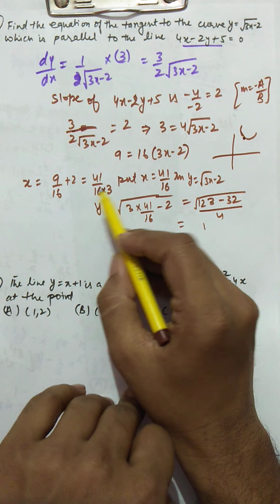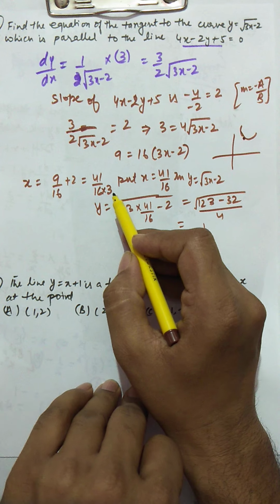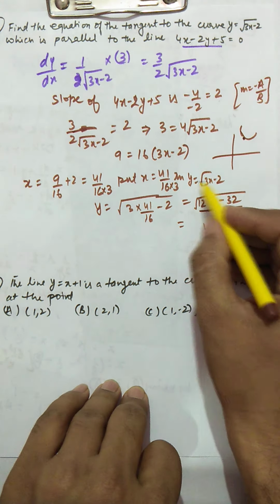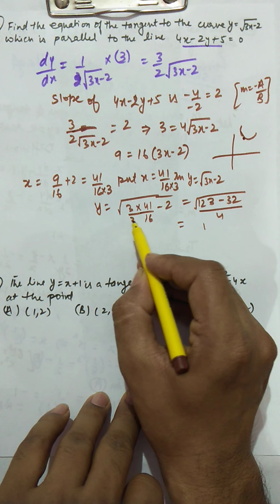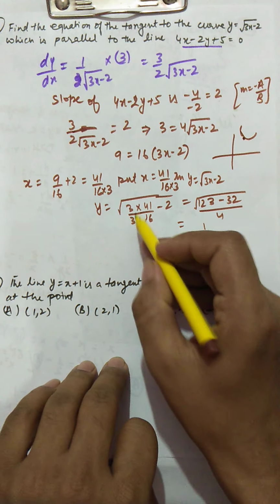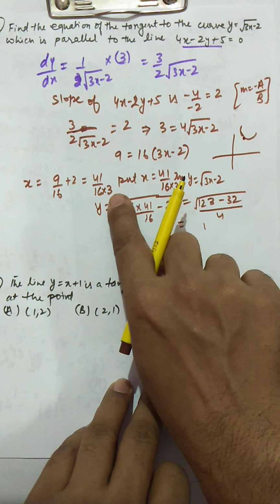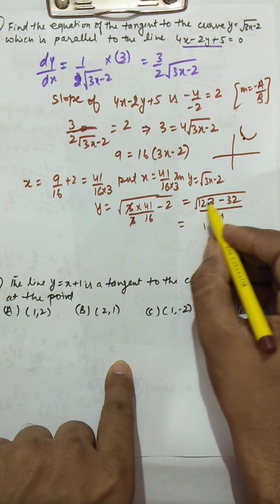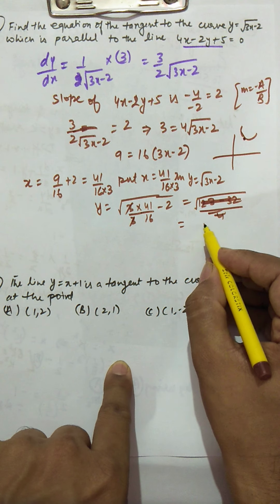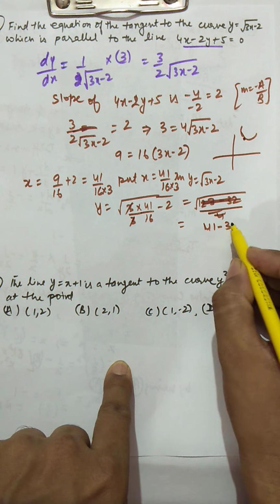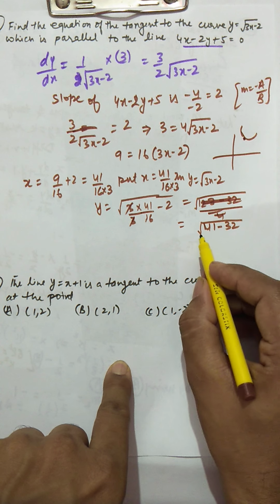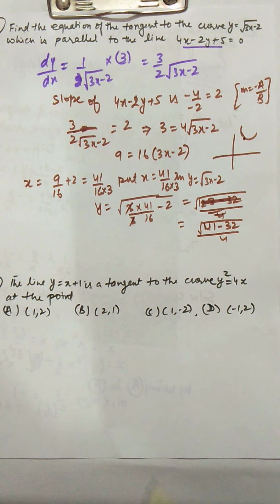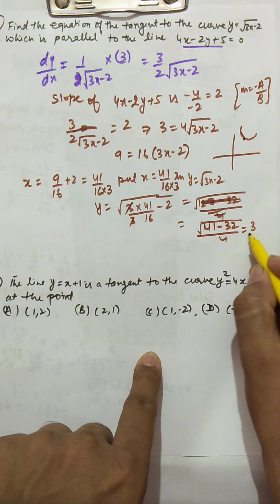This is 91 upon 16, which is 9 by 16, and the root of that is 3 by 4.